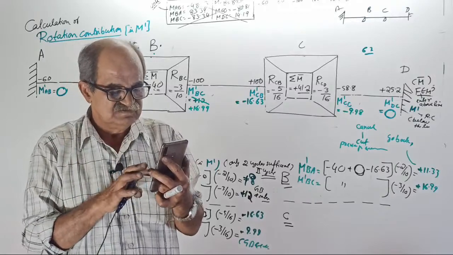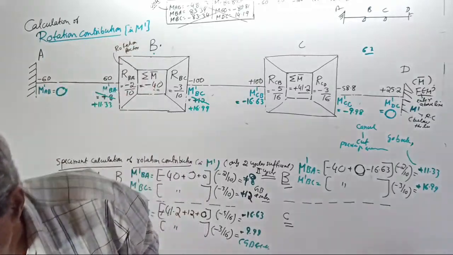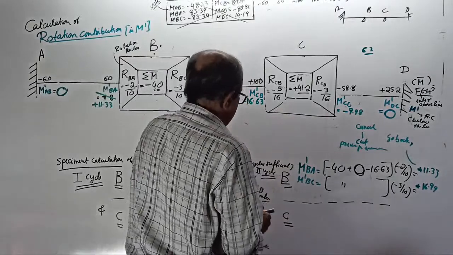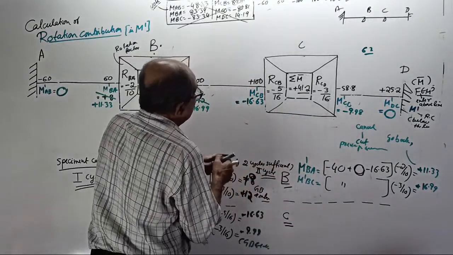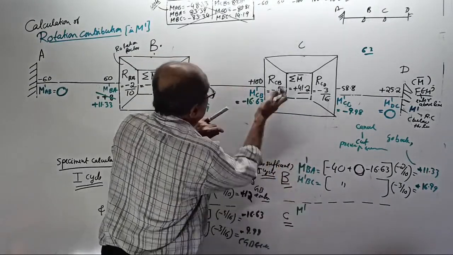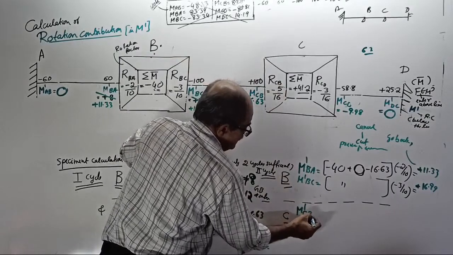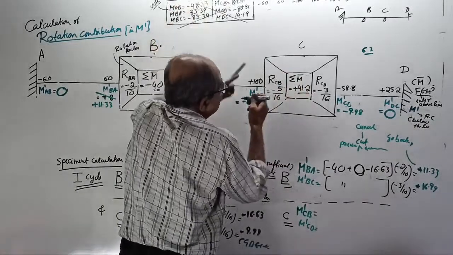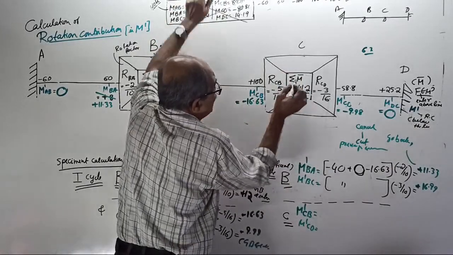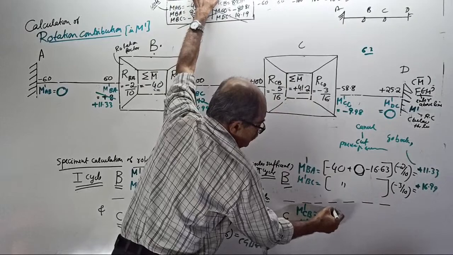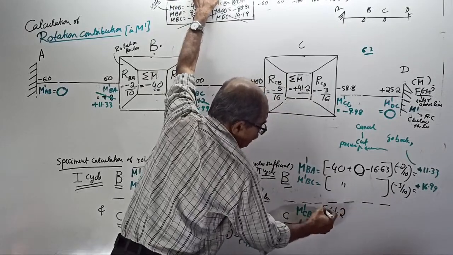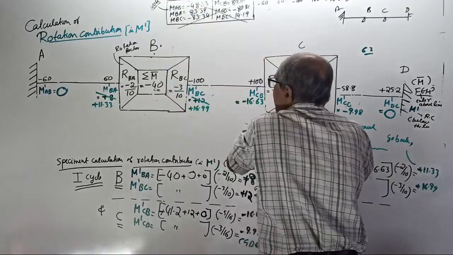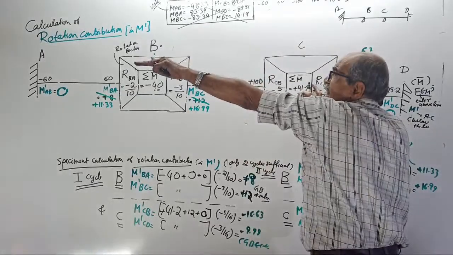Fast. Clear. Okay. Now, come to C once again. Start. We want M dash CB and M dash CD. Tell the answer. Sum of the FPMs or crude method inside box value plus 41.2 plus rotation contribution at the far end.